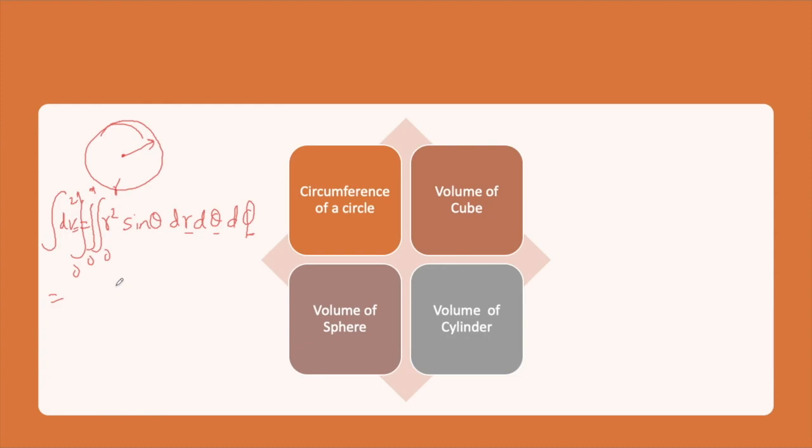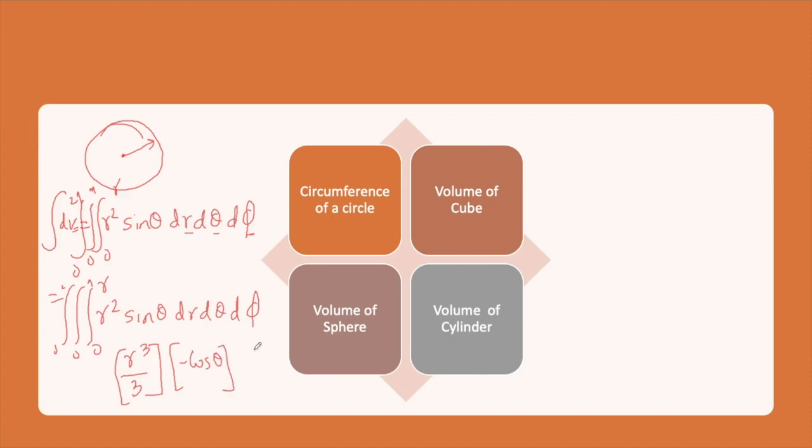If we do this triple integration of r square sine theta dr d theta d phi over r from 0 to r, theta from 0 to pi, and phi from 0 to 2 pi, r square dr will give us r cube by 3, sine theta will give us minus cos theta, and d phi will give us phi from 0 to 2 pi. If we substitute the values, we will get 4 by 3 pi r cube.